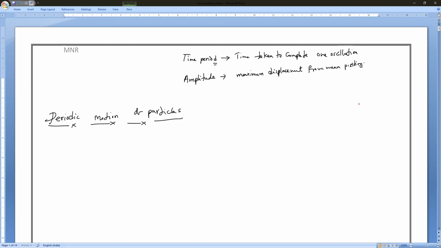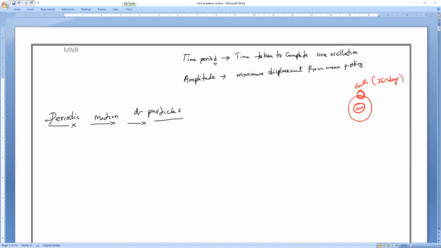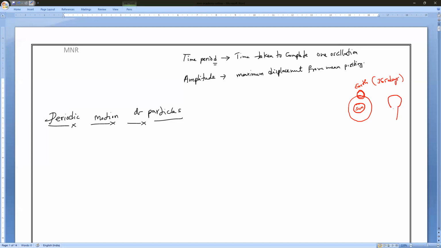For example, if you take the earth around the sun, the earth is in periodic motion. After every 365 days, what will happen? The same Earth will start revolving again from the same position. It is the repeating of the same action after an interval of time. In your home you might have a wall clock.